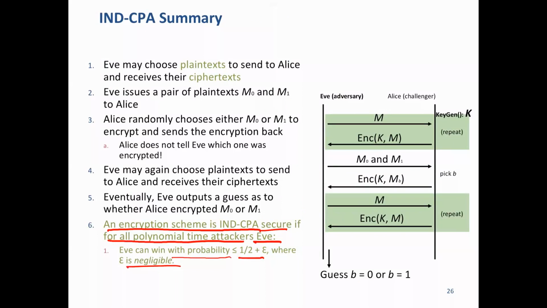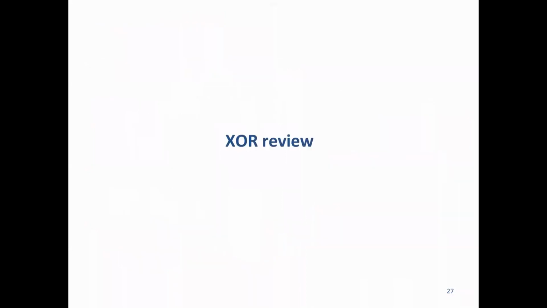Okay, got the point? So this is a model. When we are using a crypto algorithm, we ask whether it is IND-CPA secure or not. That will show the strength of the algorithm.